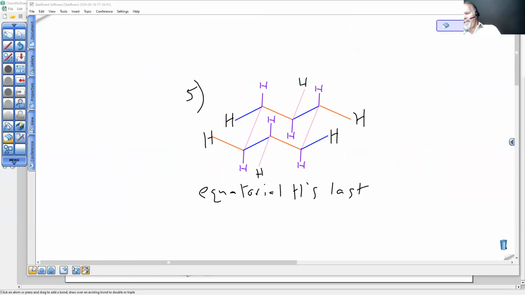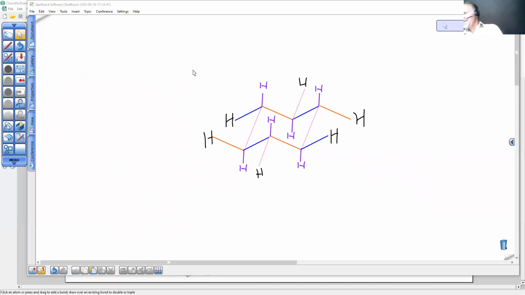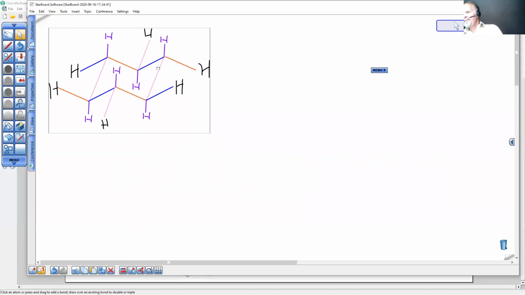Don't need this comment. And now, this is where I would do a sigma rotation, because this is the chair per cyclohexane.